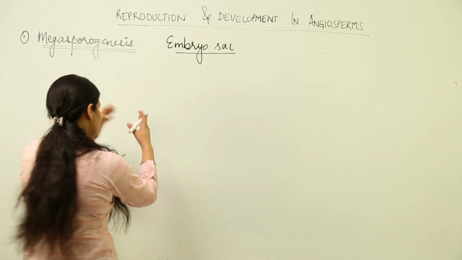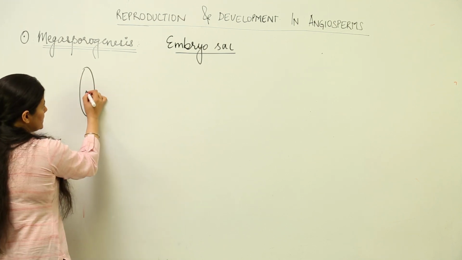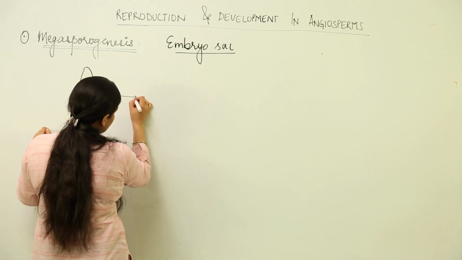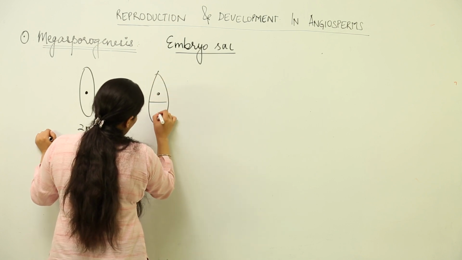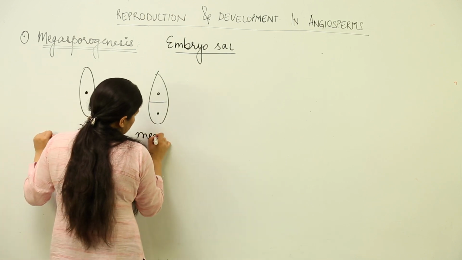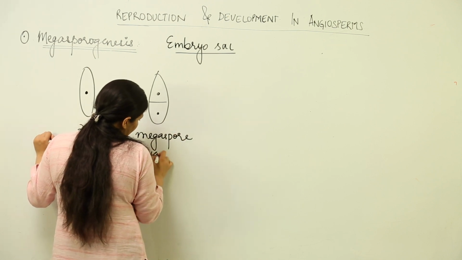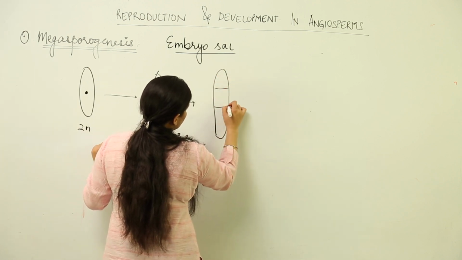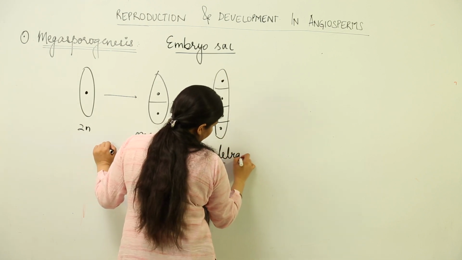Now, supposedly we are inside the nucellus and over here you have a megaspore mother cell. This is the megaspore mother cell that would be diploid. This megaspore mother cell will undergo the first meiotic division and will form a megaspore dyad, 2 cells. As we have the pollen tetrad, here we have a dyad and it is followed by the second meiotic division, which gives rise to 4 cells which don't get separated, and that is the tetrad.